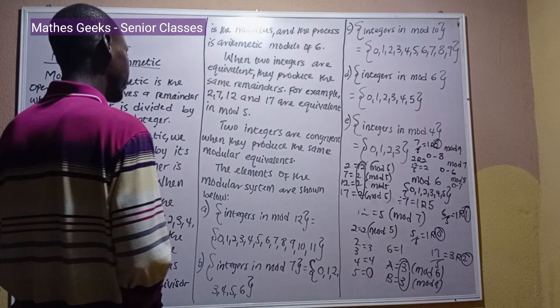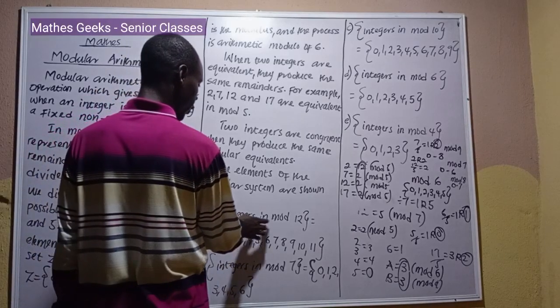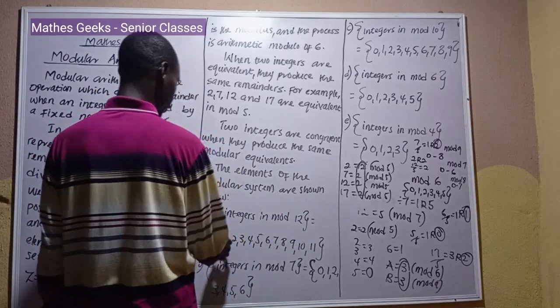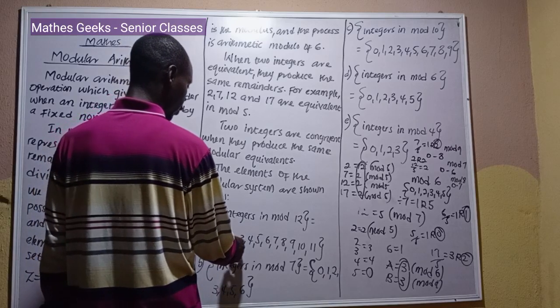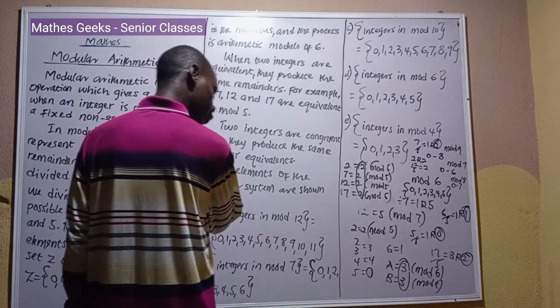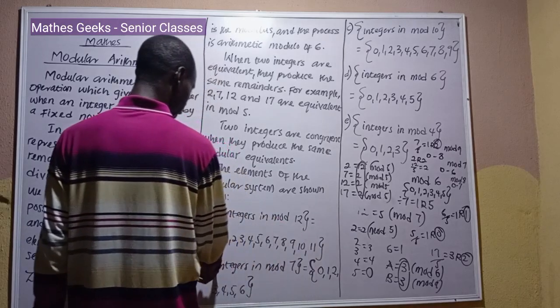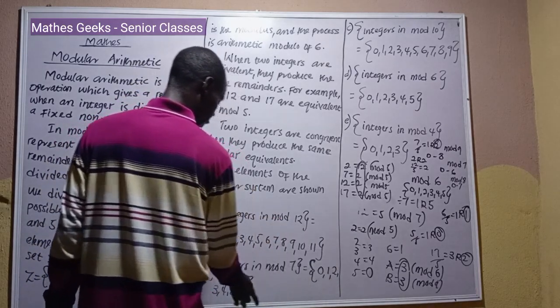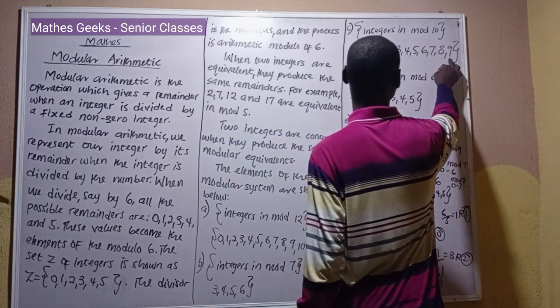The elements of the modular system are shown below. The integers in mod 12 form the set with members 0, 1, 2, 3, all the way to 11. Remember the rule: in mod 12, the highest number will be 11. Integers in mod 7, the highest number will be 6. Integers in mod 10, the highest number will be 9.